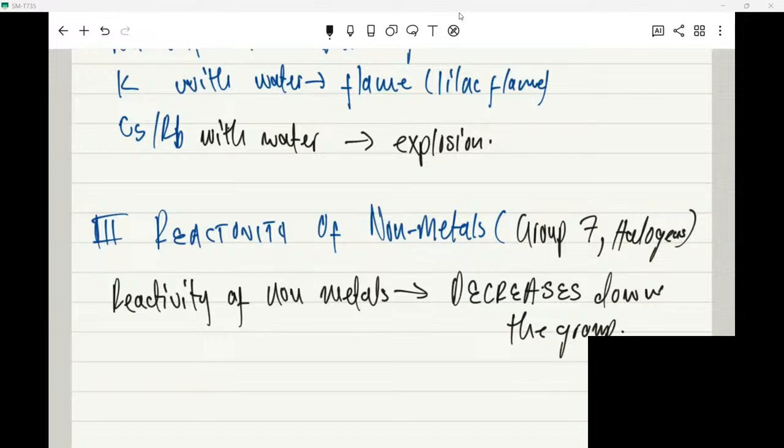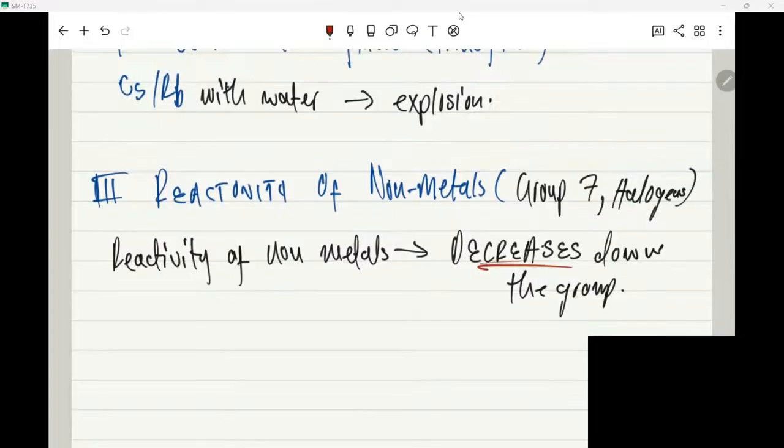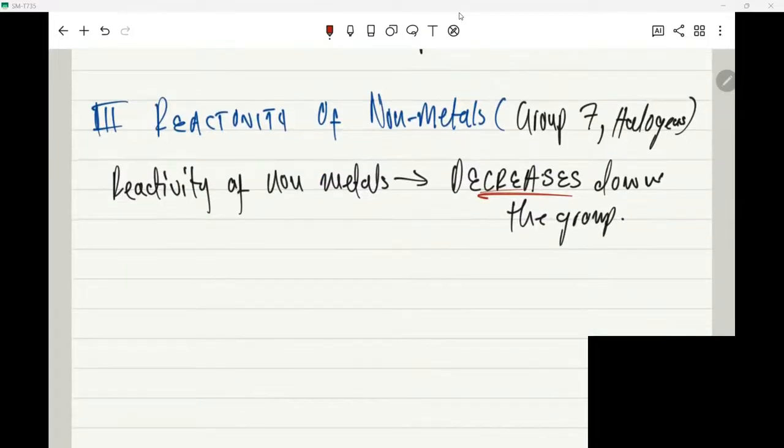That's another way of checking. If I take fluorine versus iodine, who will react faster with something? You react something with fluorine and react it with iodine. These are group 7, and you're going to see. Reactivity of non-metals decreases down the group.